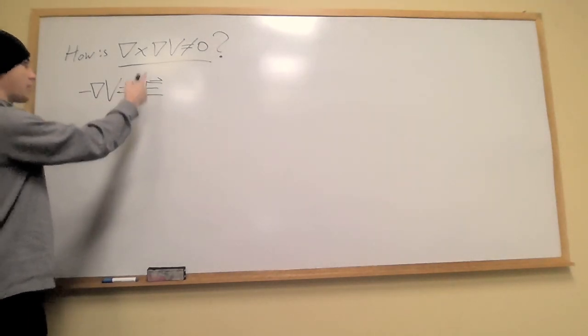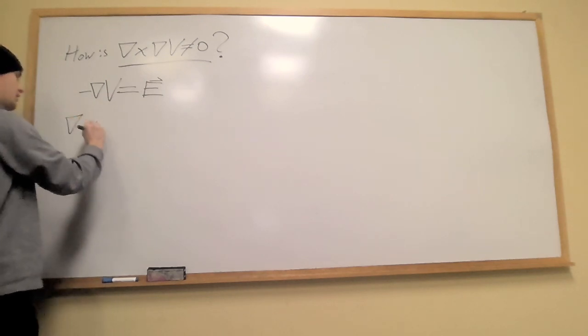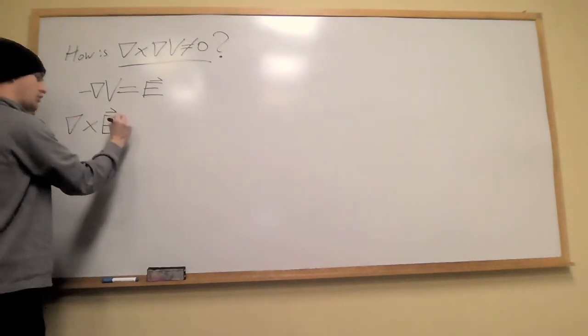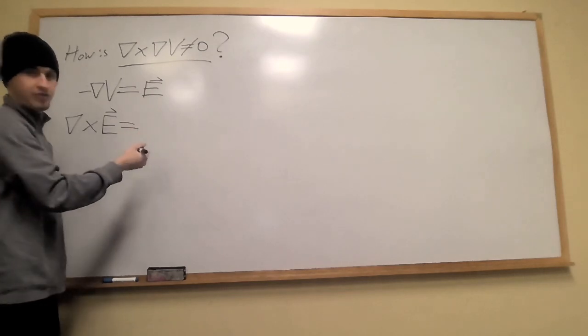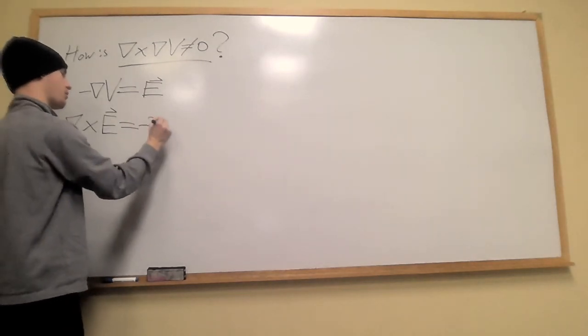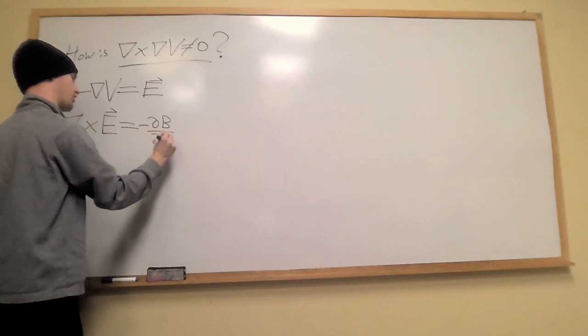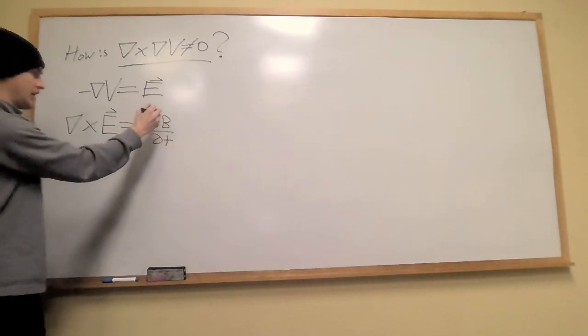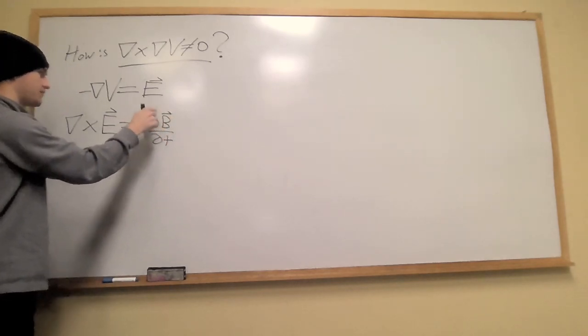So now we can look at the curl of E, which the Maxwell equations give us, and I guess this would be Faraday's law, minus partial B partial t. And B is the magnetic field, also a vector quantity.